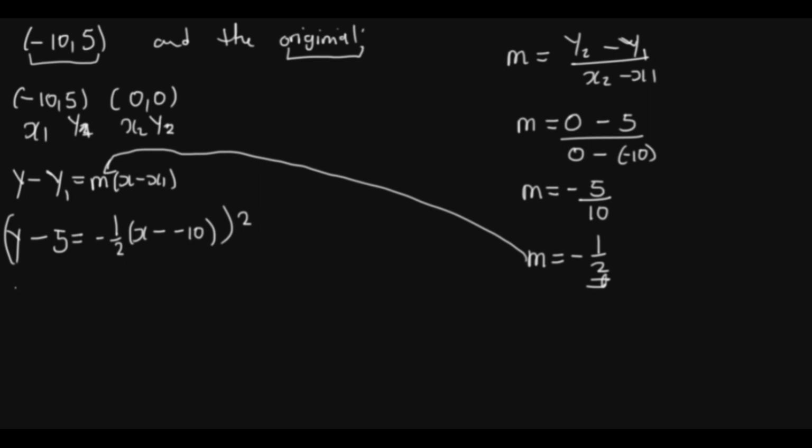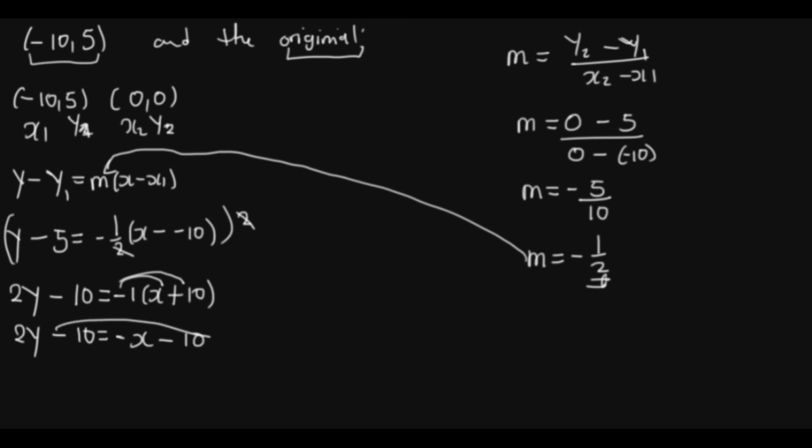So 2 times y is 2y minus 2 times 5, that is 10. Then this and this will cancel, giving us negative 1x, negative times negative, that is positive 10. So 2y minus 10 is equal to, now this will multiply with everything inside the bracket, so negative 1 times x is negative x, and negative 1 times positive 10 is negative 10.